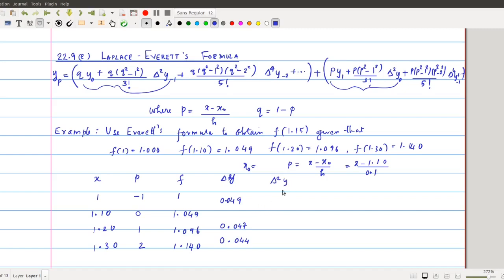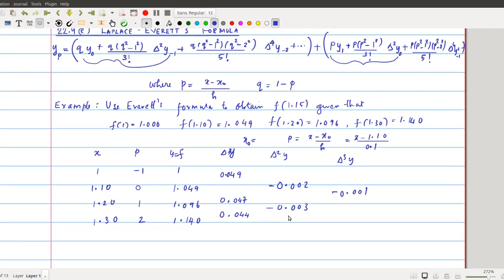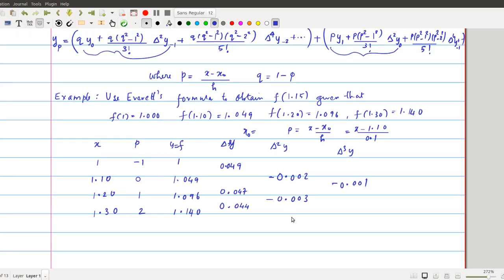Delta square y is the difference between these two, so that will be minus 0.002, and the difference between these is minus 0.003, and we have delta cube y, which we are not using anyway. We write minus 0.001.